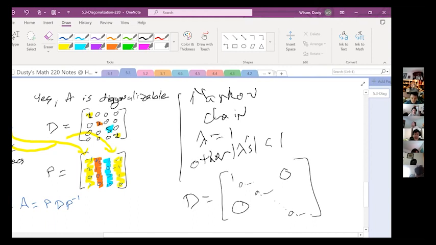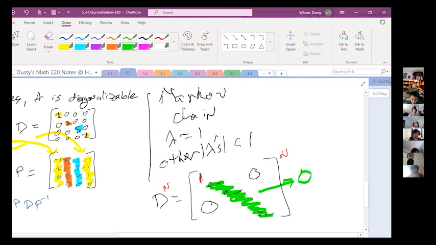And so if you take this D matrix and you raise it to a big power, what's going to happen to all of these other entries along the diagonal? If I take my D to a big power, all of those green things are all going to approach 0, whereas the red one is going to stay at 1.